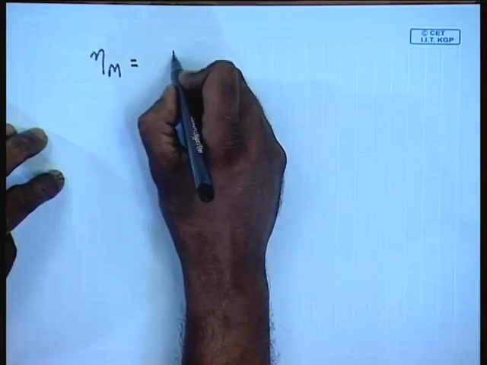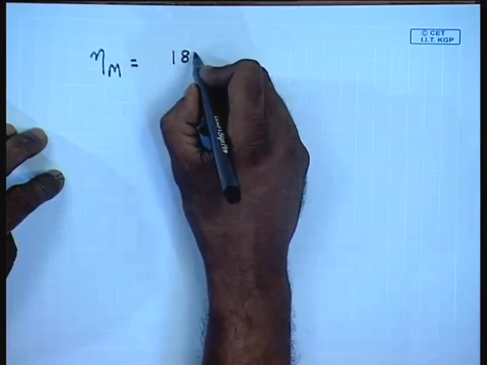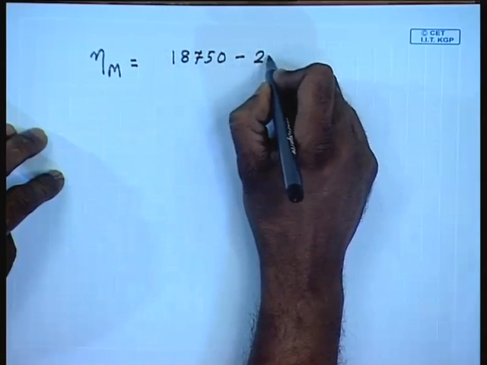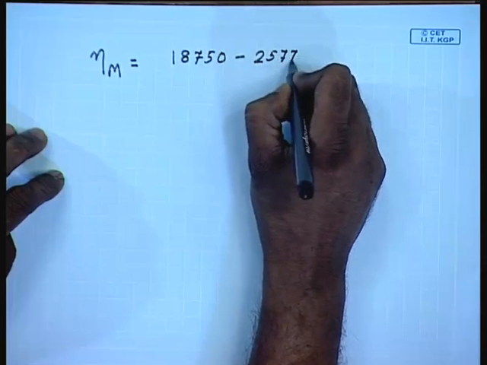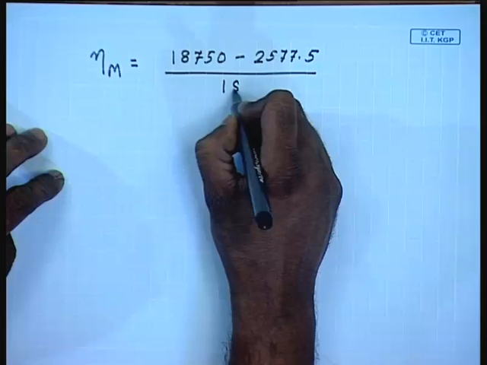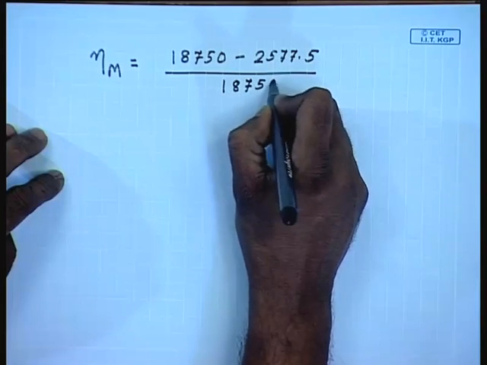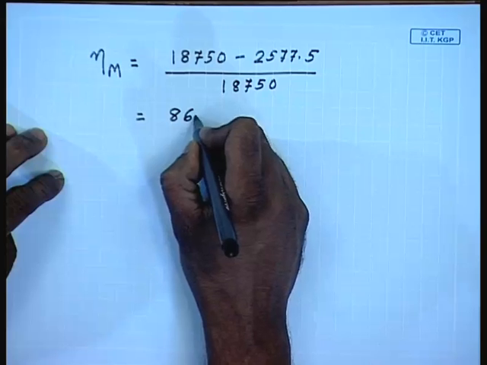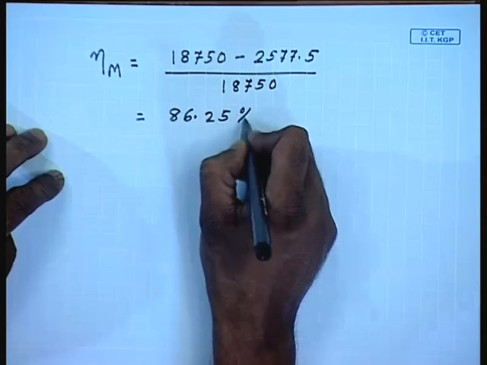equal to the input power 18750 minus losses divided by input power, this comes to 86.25%.